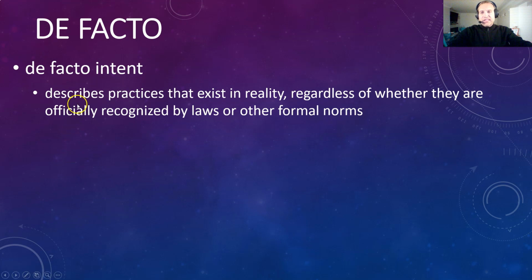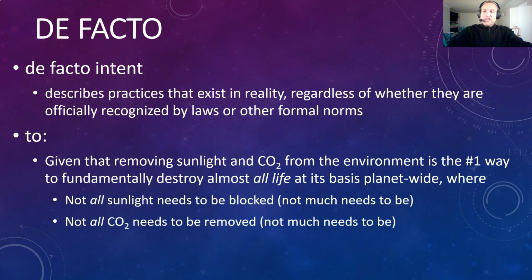So what does de facto mean? It describes practices that exist in reality regardless of whether or not they are officially recognized by laws or other formal norms. So what is a de facto intent to? What's it for?